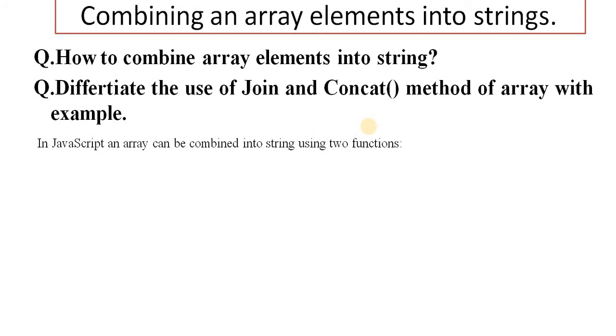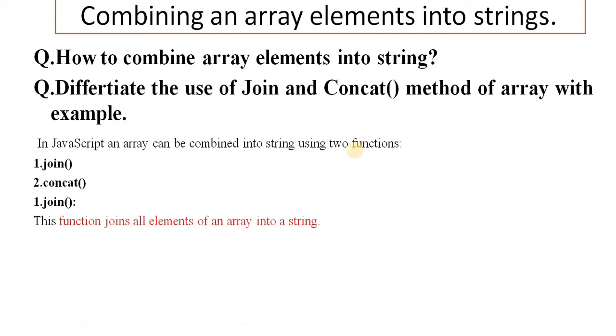First of all, in JavaScript, an array can be combined into a string using two functions, that is the join function and the concat function. First of all, we'll see the join function or join method. Join function joins all the elements of an array into a string.